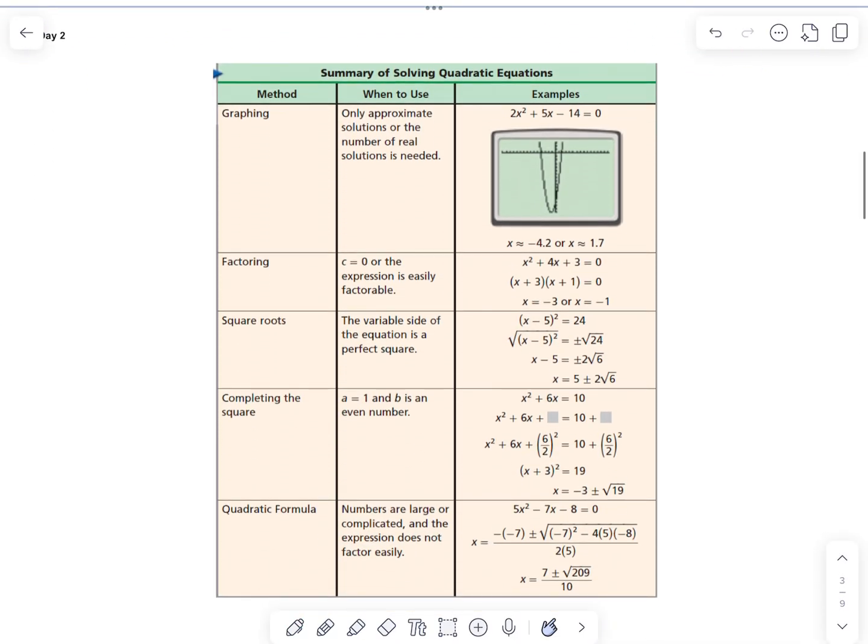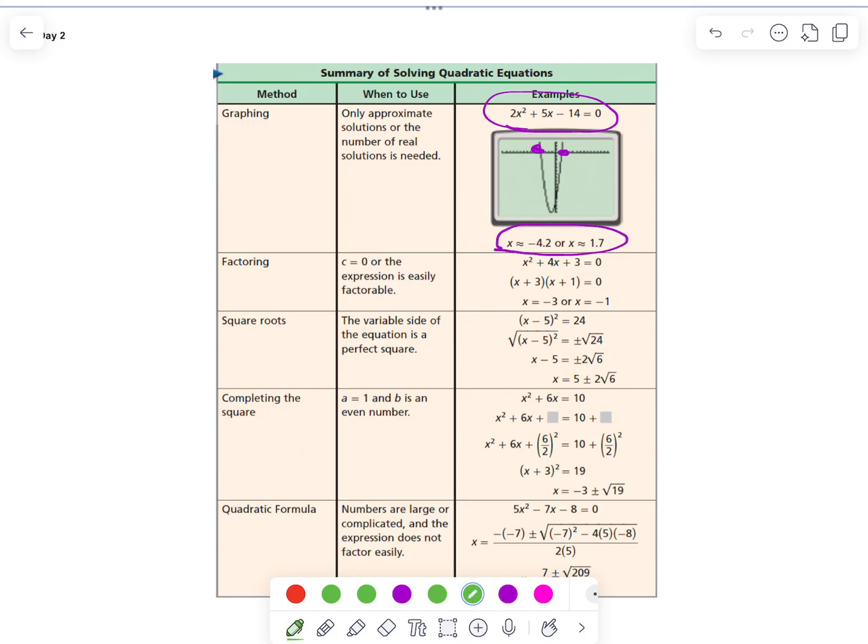All right. This is just a summary of the different methods to solving a quadratic equation. One is we can graph it and find the x-intercepts. So here is our quadratic equation, and we can find the x-intercepts right here by graphing it. So here's the two x-intercepts.